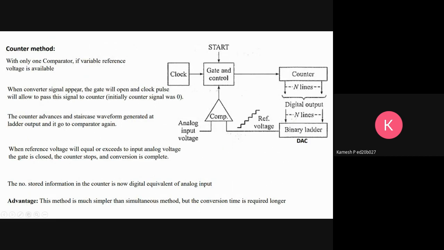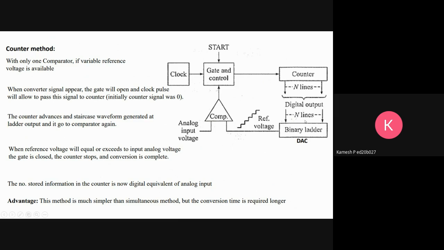When the converter signal appears, the gate will open and the clock pulse will allow the signal to the counter. The counter processes it and gets the digital output.